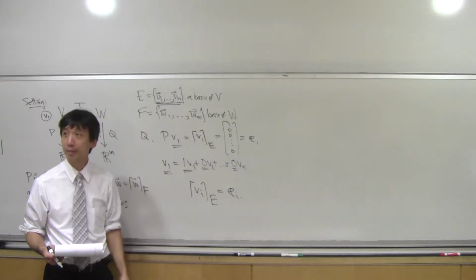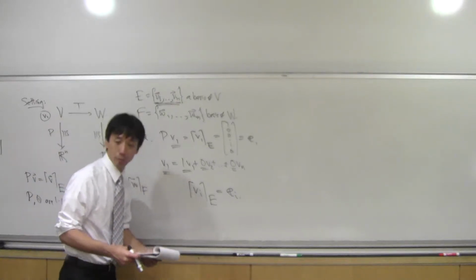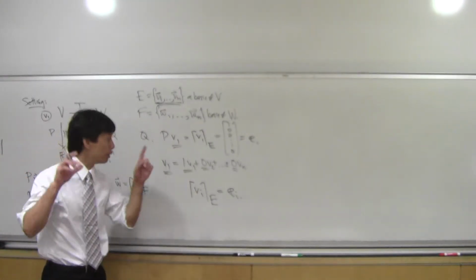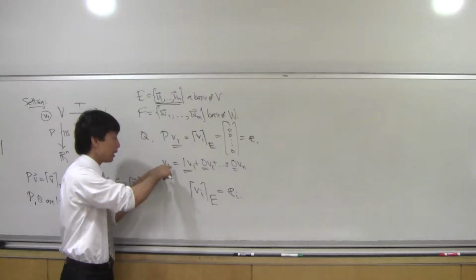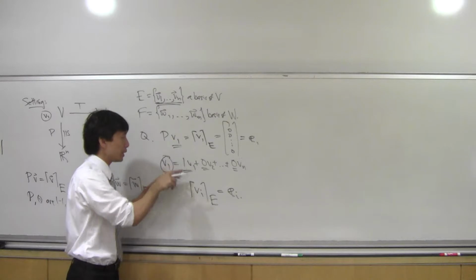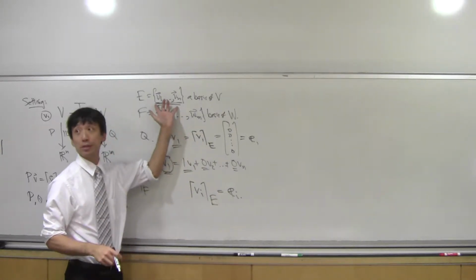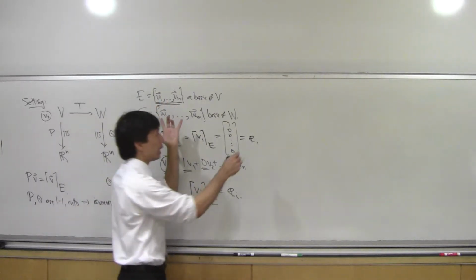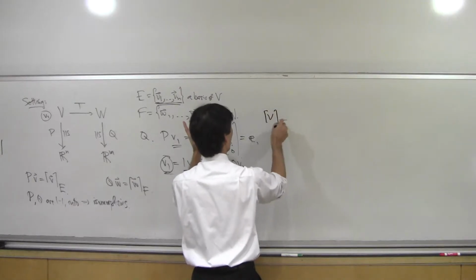Sorry, I'm a little stuck on why V1 becomes like 1, 0, 0, 0. Well, remember how you get the coordinate vector. You take your thing and express it as a linear combination of the basis. How do you get the coordinate vector of an element?